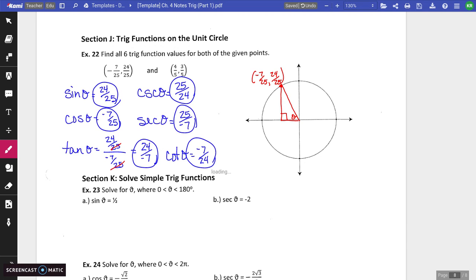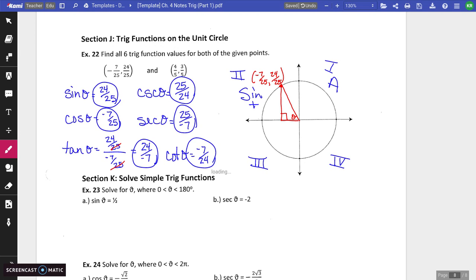Okay, so something I want to point out. This ordered pair is in the second quadrant. So we just talked about all snow tastes cold. So in the second quadrant, your sine is the positive function. So if you look, 24/25, that's positive, and then cosecant is positive.